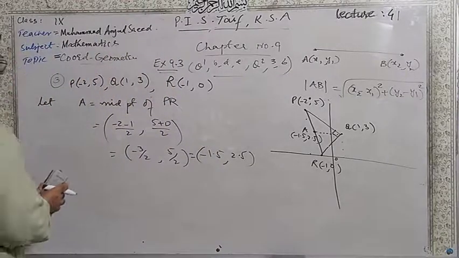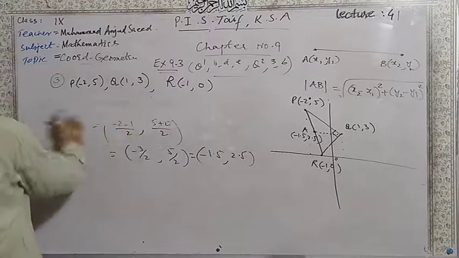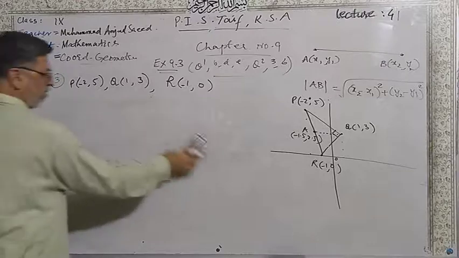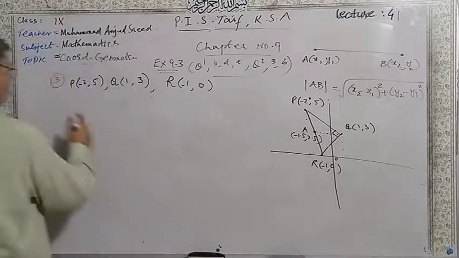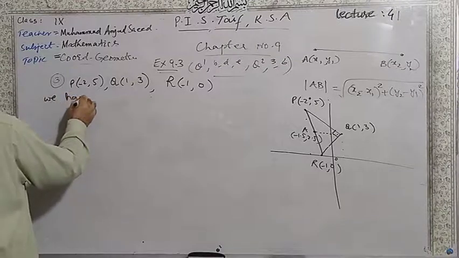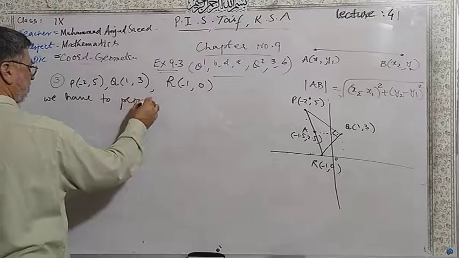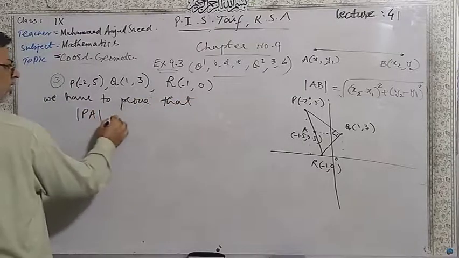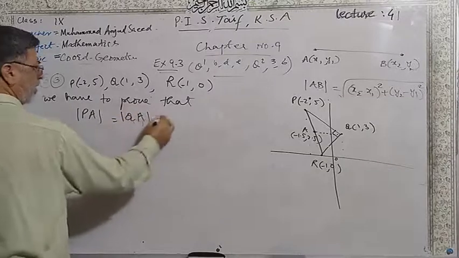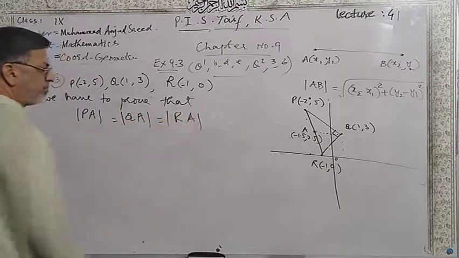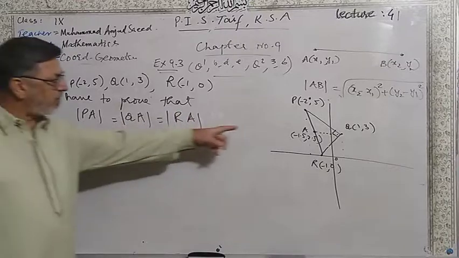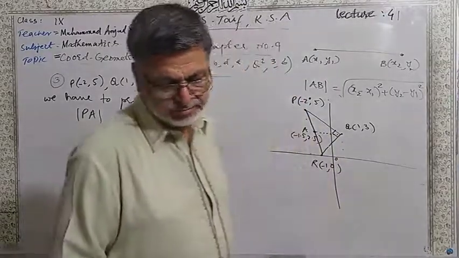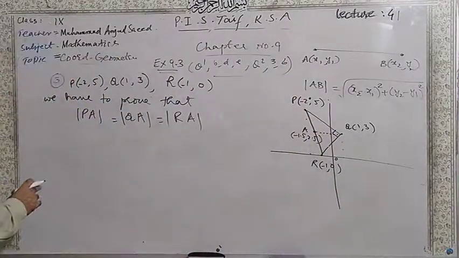We have to prove that |PA| is equal to |QA| is equal to |RA|. The distance of A from all vertices is equal. What about |PA|?